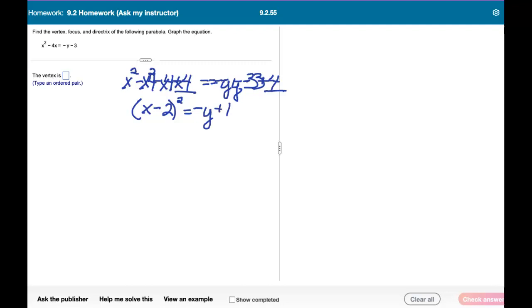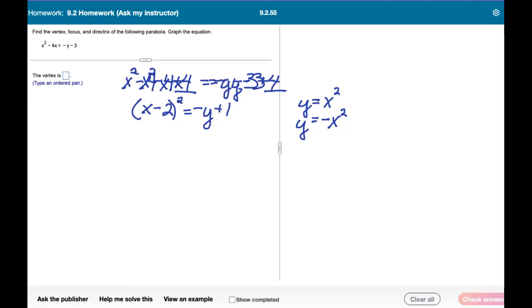Now, at this point, I want to go back and think of previous math courses. In the past, you've worked with things like y equals x squared or y equals -x squared. And from those two, you looked at the equations and determined which way the graph opened, if it opened left, right, up, or down.